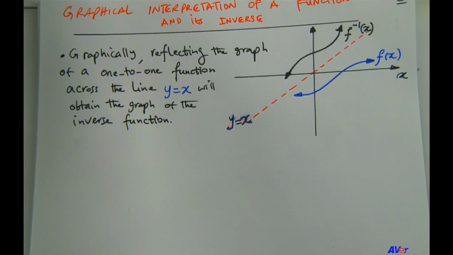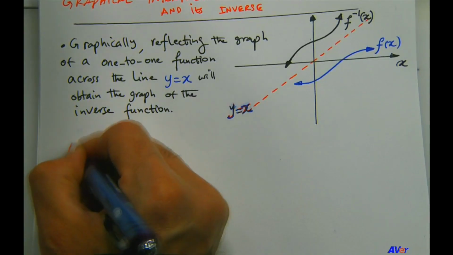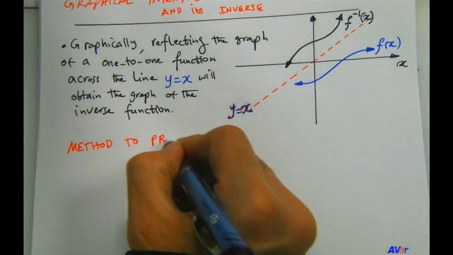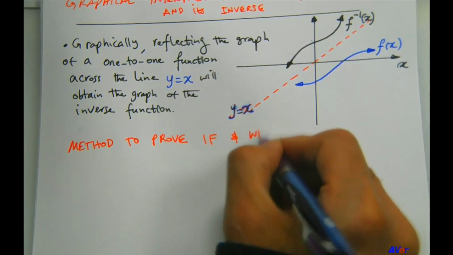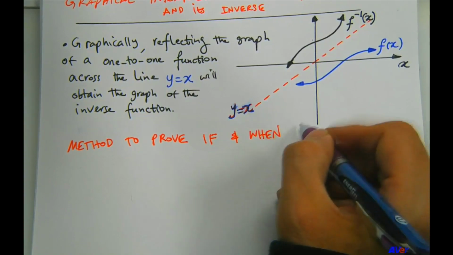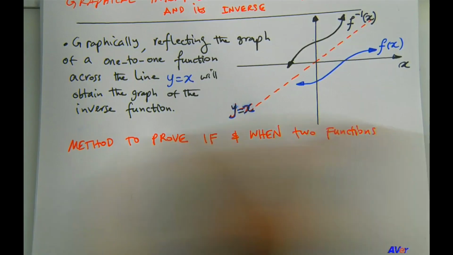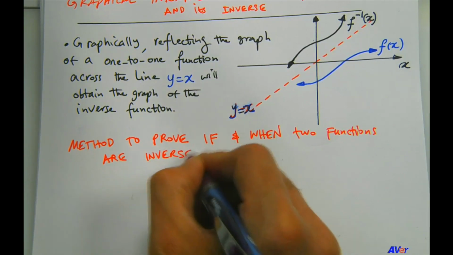So how do we know if somebody comes and claims that two functions are inverses of each other? How do we prove or disprove that claim? That's the next topic for us. Method to prove if and when two functions are inverses of each other.